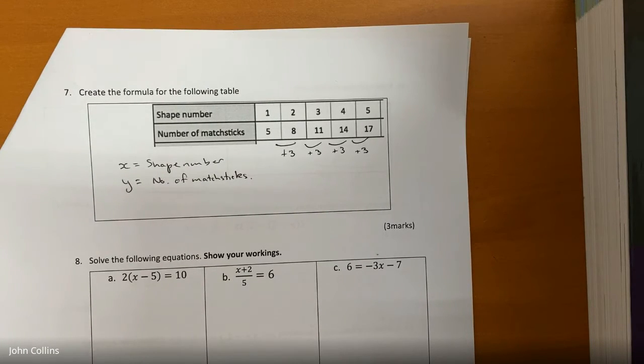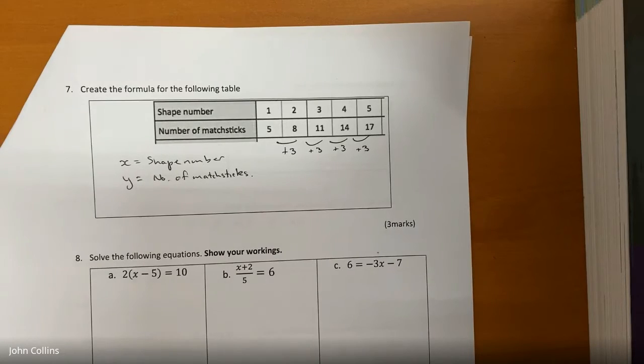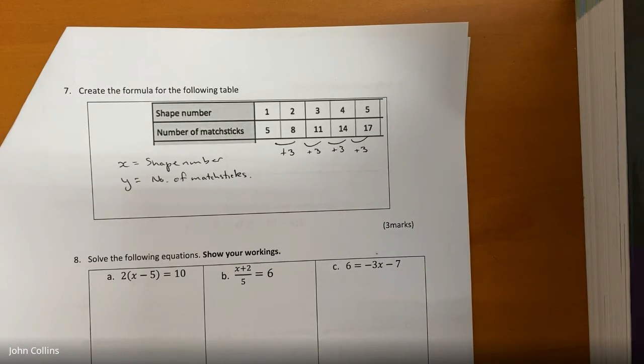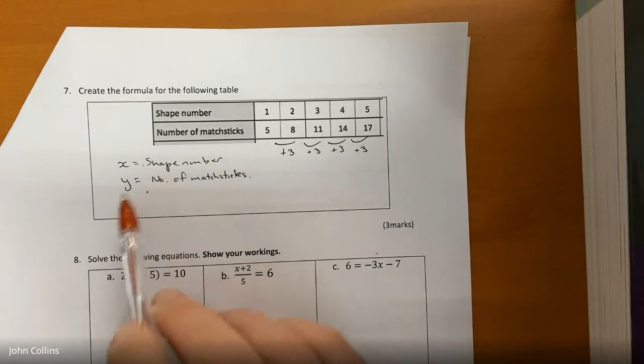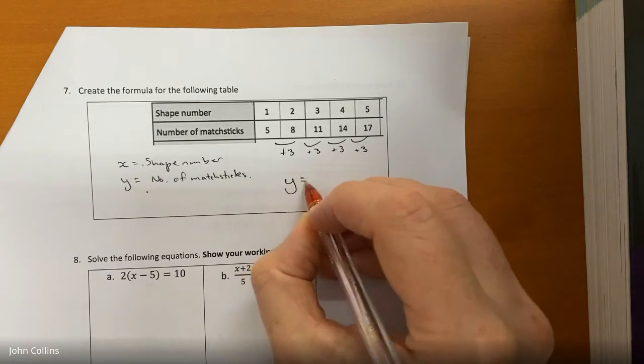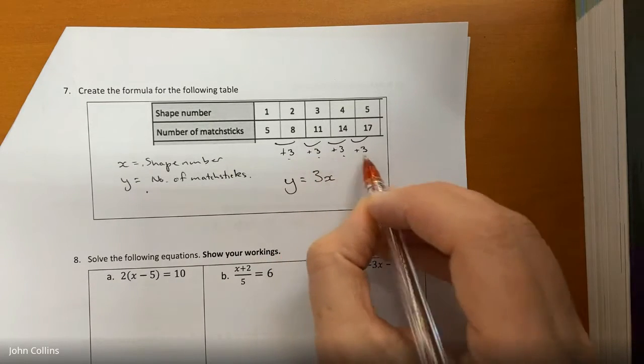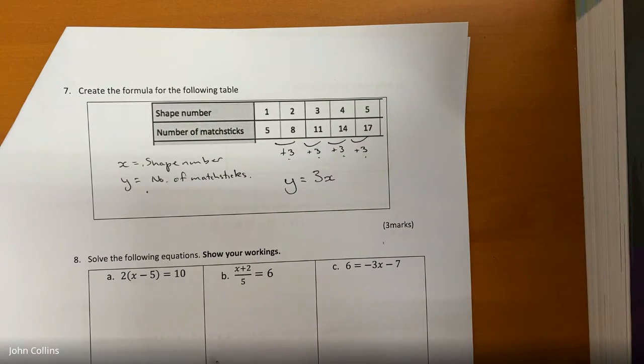If you've done nothing and just wrote the formula, you can only get 2 out of 3 marks for this, I'm afraid. Okay, so I have labeled my variables, and now I'm going to create the formula. So it's the same thing. Number of matchsticks is going to be given by, well, now 3 times x, because of my plus 3's. And I need to figure out what is going to be plus or minus.